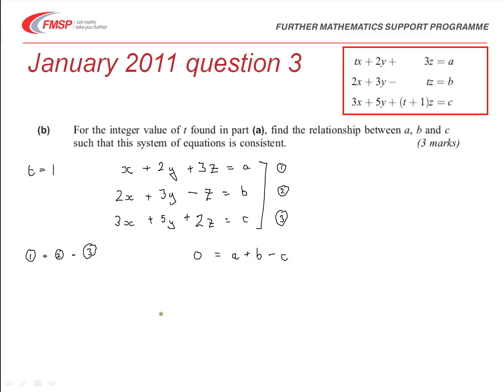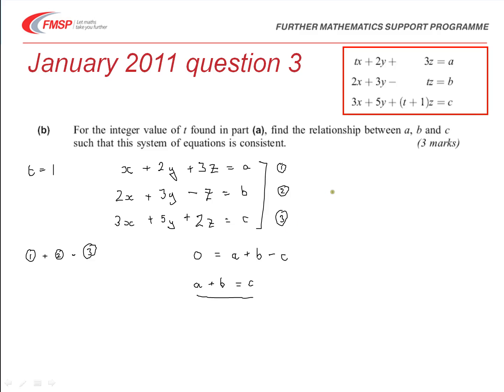And so for those to be consistent, they can only be consistent if a plus b minus c equals 0, or in other words, a plus b has to equal c. If that's not the case, if it wasn't equal to 0, then you'd have a scenario where nothing was equal to something, which obviously couldn't be true.